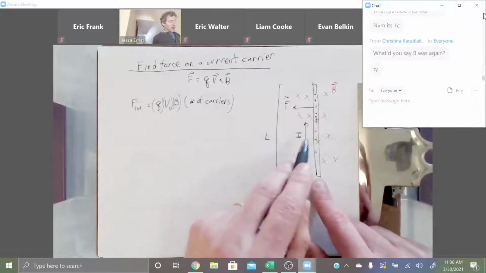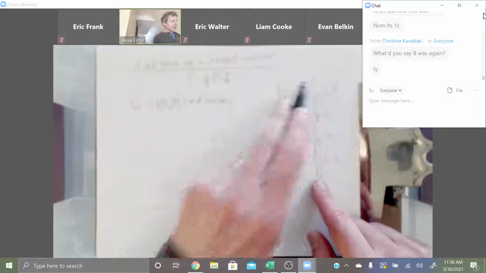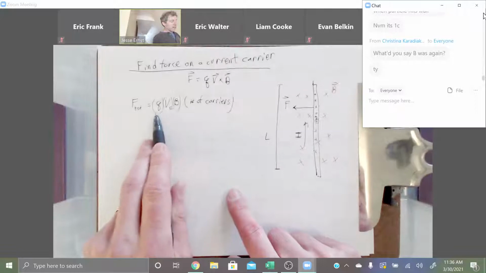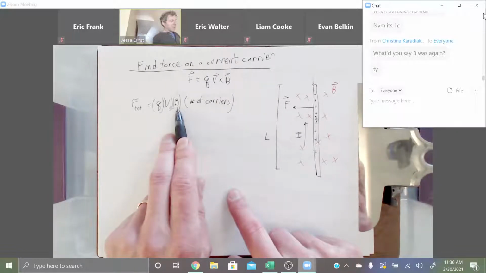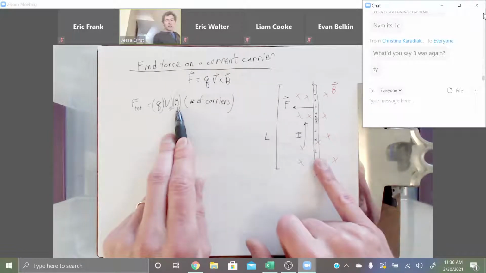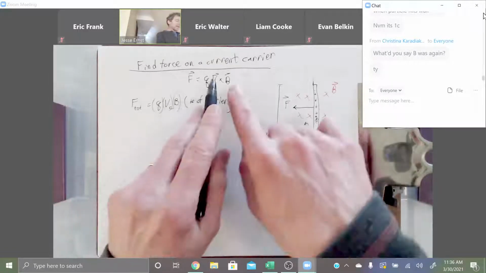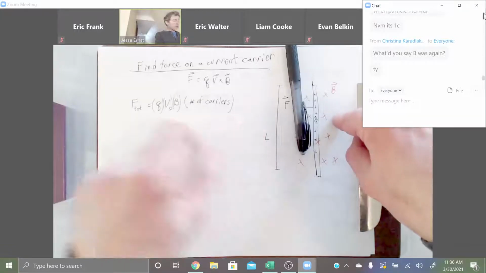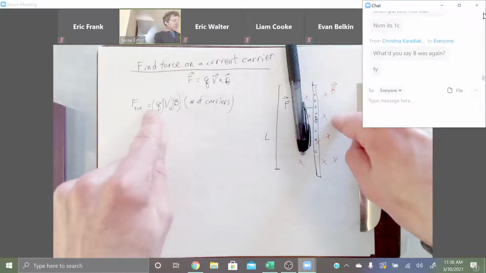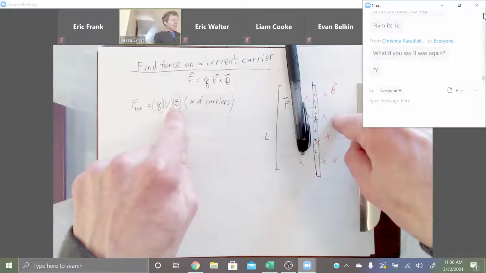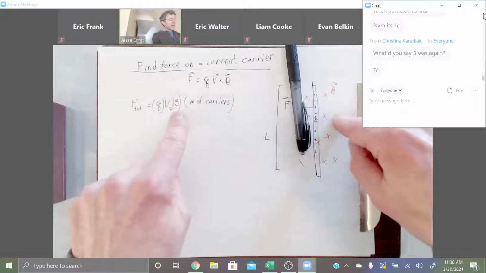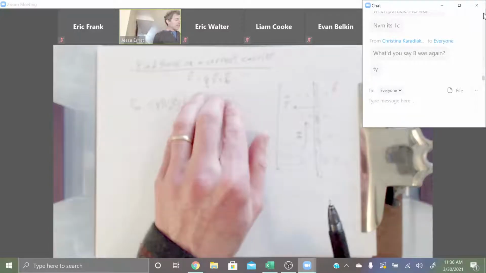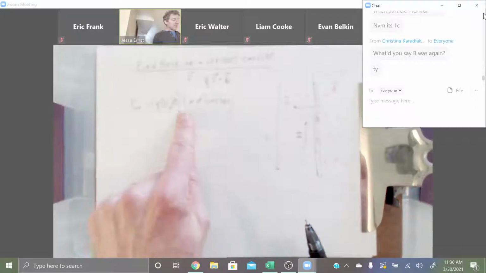You just have to know how many carriers there are in this section of wire, and what's Q, how fast they're moving: the charge on each carrier, how fast they're moving, and the strength of the B field that they're in. And we don't have to worry about the angle because V is going this way, B is into the page. So Q, V cross B turns into Q times V times B times sine of 90 degrees. So that is the force on each of the carriers, and this is the force on the whole wire.